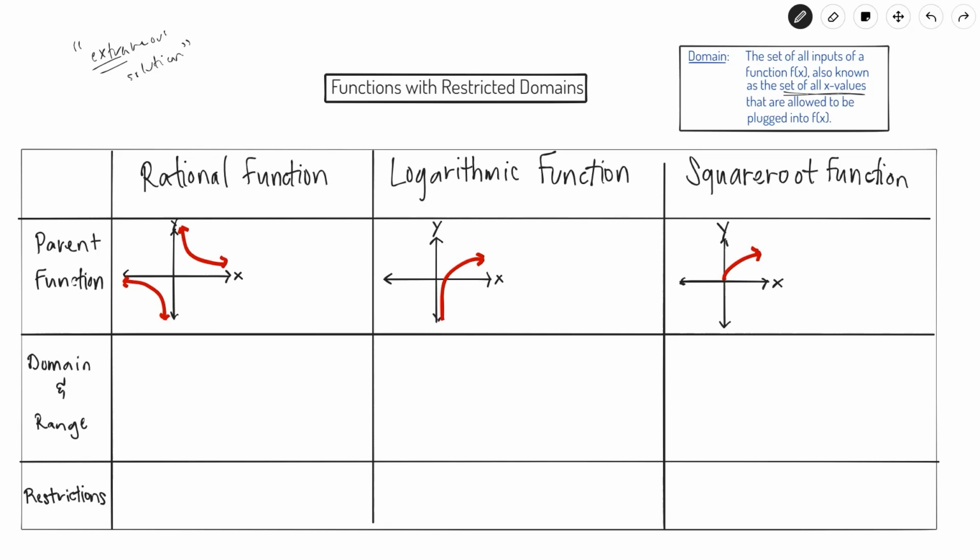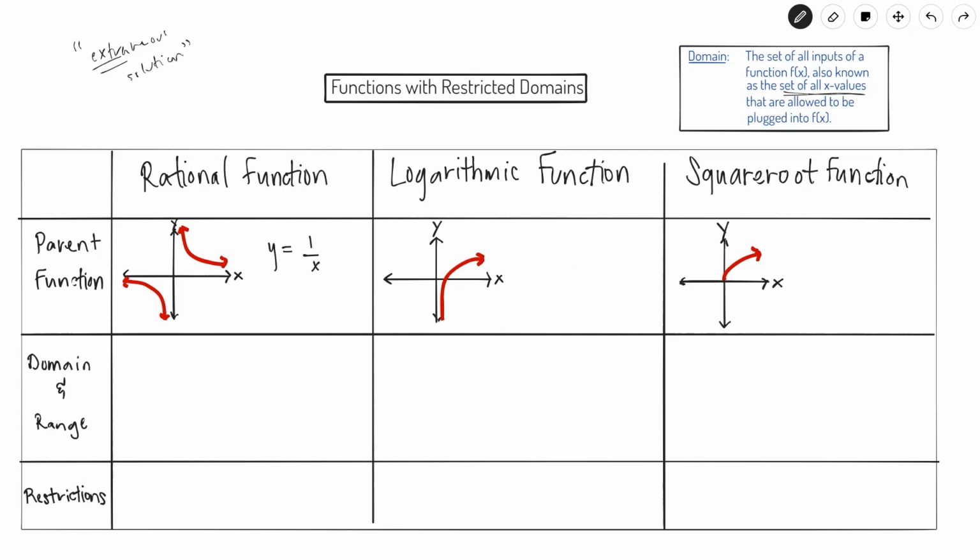And so I have a graph of each parent function. Here, I'm going to take it upon myself to also write the equation of the parent function. The parent rational function is the equation y equals 1 over x. That x in the denominator is what gives us this interesting shape that we have here. We'll talk a little bit more about why that function has the shape it does after we go over the other two functions.